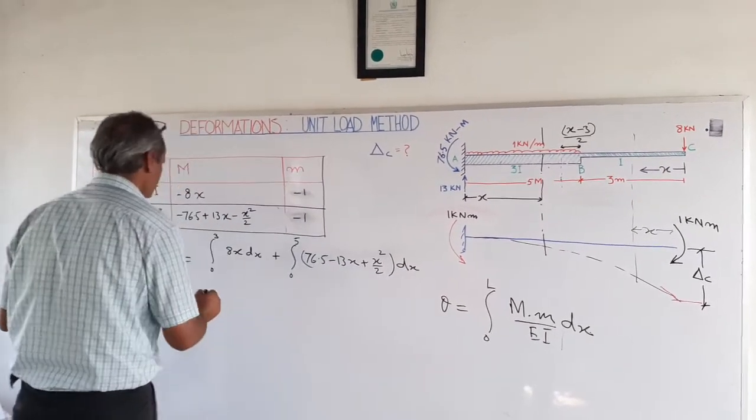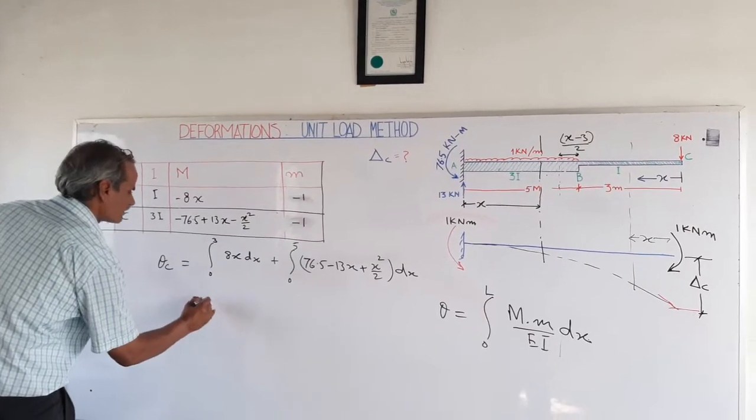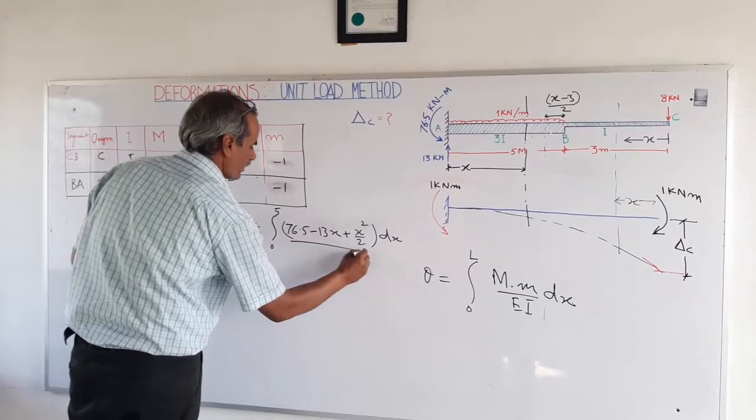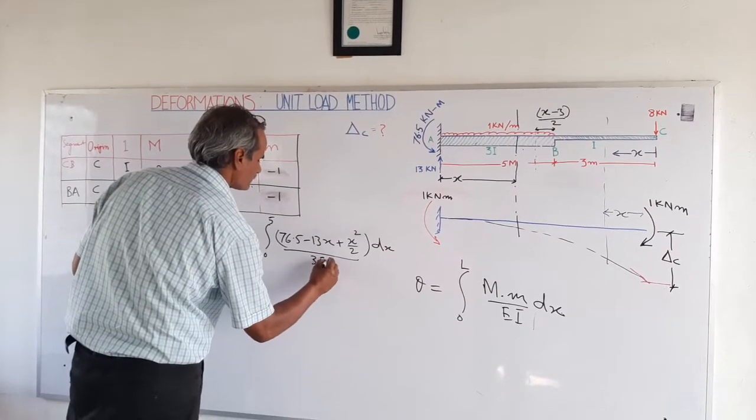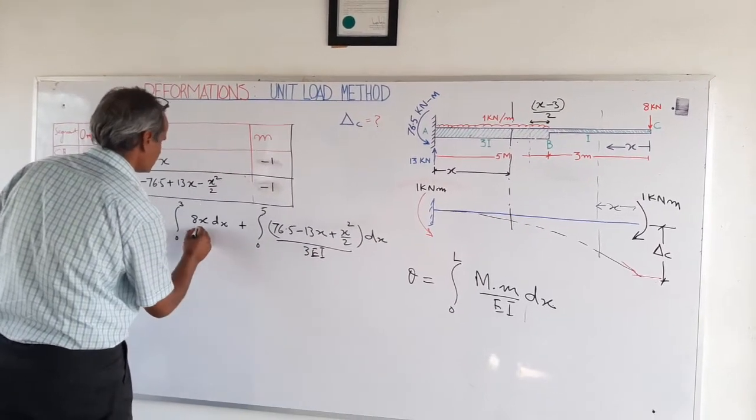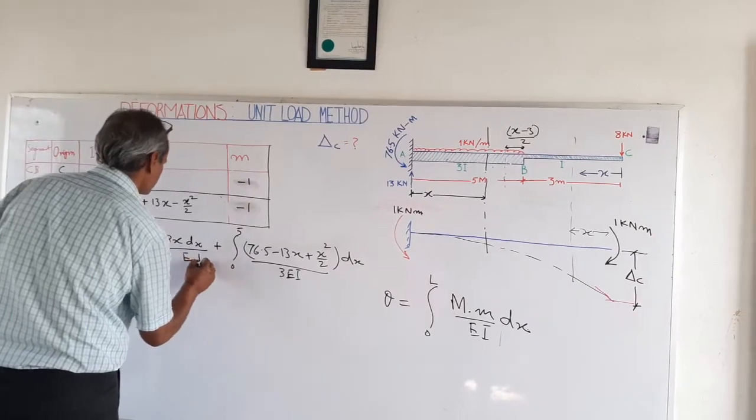Let's integrate it, and also divide by 3EI, and this is divided by EI.